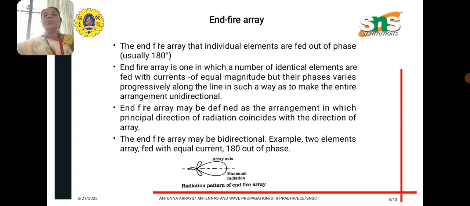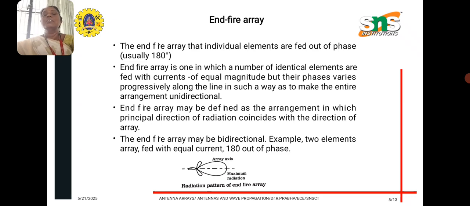An end-fire array may be defined as the arrangement in which the principal direction of radiation coincides with the direction of the array. The end-fire array may be bidirectional, for example, a two element array fed with equal current but 180 degrees out of phase. This diagram represents the radiation pattern of the end-fire array.